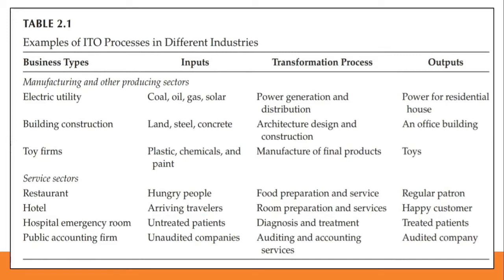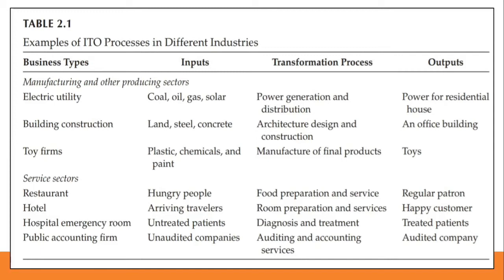In the service sector, food preparation at a restaurant begins with the customer's order, right? And the chef in the kitchen then receives the order and begins cooking the food to order. And the server delivers the food to the customer to eat. When the transformation process is successful, the customer is full and satisfied with the overall food service.